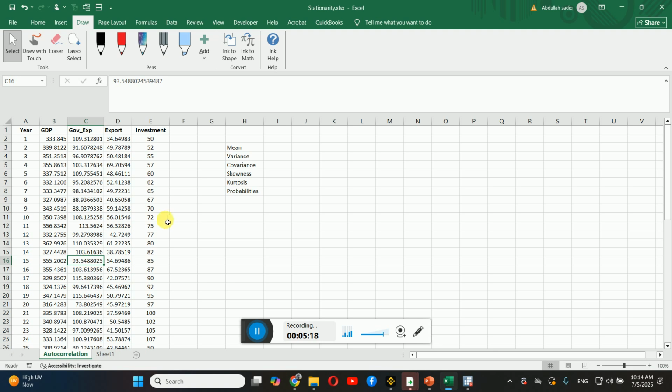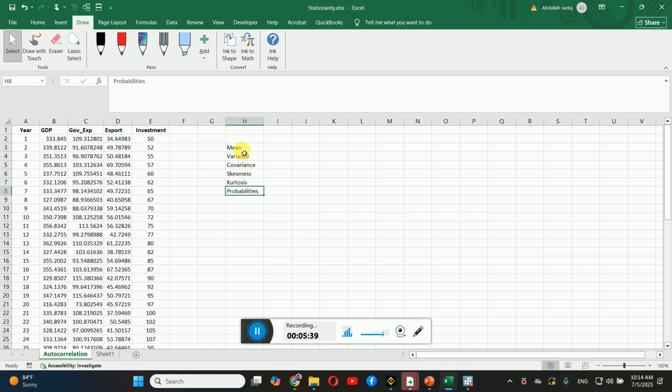Hopefully, it's clear. In stationarity, we have two types: one is strict stationarity and one is weak stationarity. When you are checking for all of these statistical properties in your data set, it means you are checking for strict stationarity.